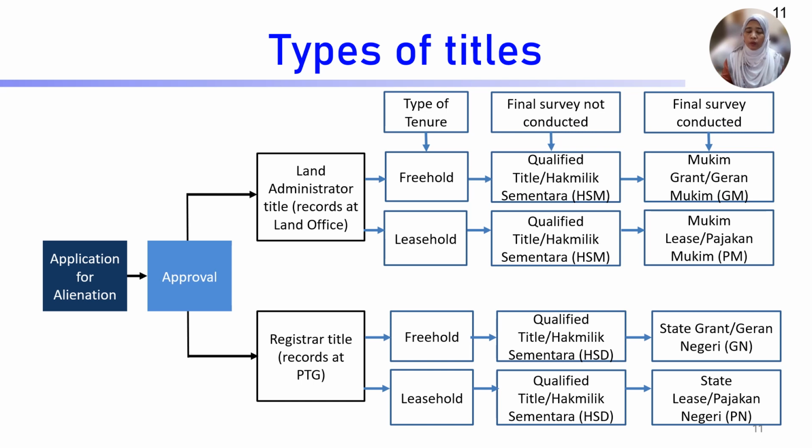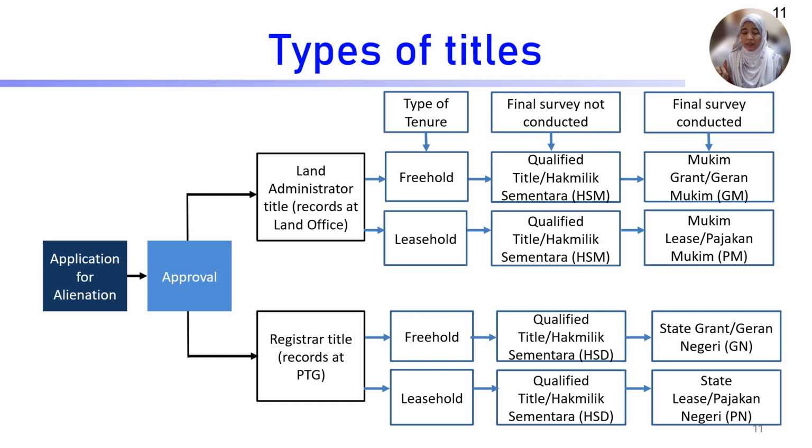For leasehold under land office, it will be PM, pajakan mukim. For freehold under PTG, the final title will be GN ataupun geran, GERAN, geran negeri. For the leasehold under PTG, it will be under PN, pajakan negeri.